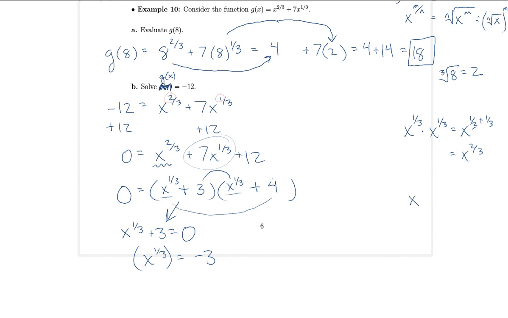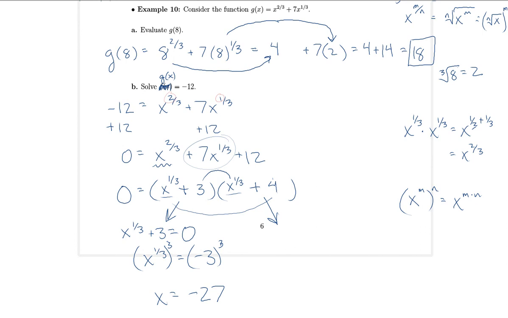Well, remember we have a rule that says x to the m raised to the nth power is x to the m times n. So you multiply these powers. So what do you multiply 1/3 by to make 1? You multiply it by 3. So we have x equals -3 to the 3rd, which is -27.